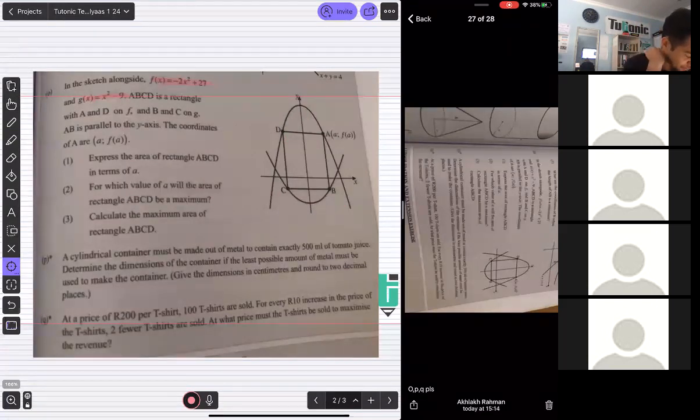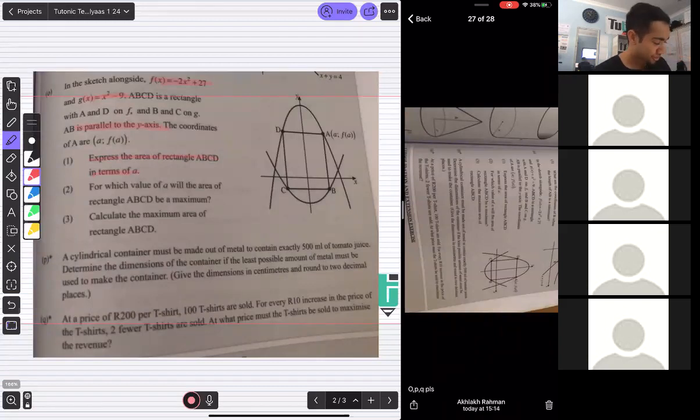Okay. So what does that mean, guys? It's parallel to the y-axis. What to the y-axis is vertical. So therefore the x values are the same. Yes. Okay. Express the area of the rectangle in terms of A. Okay.